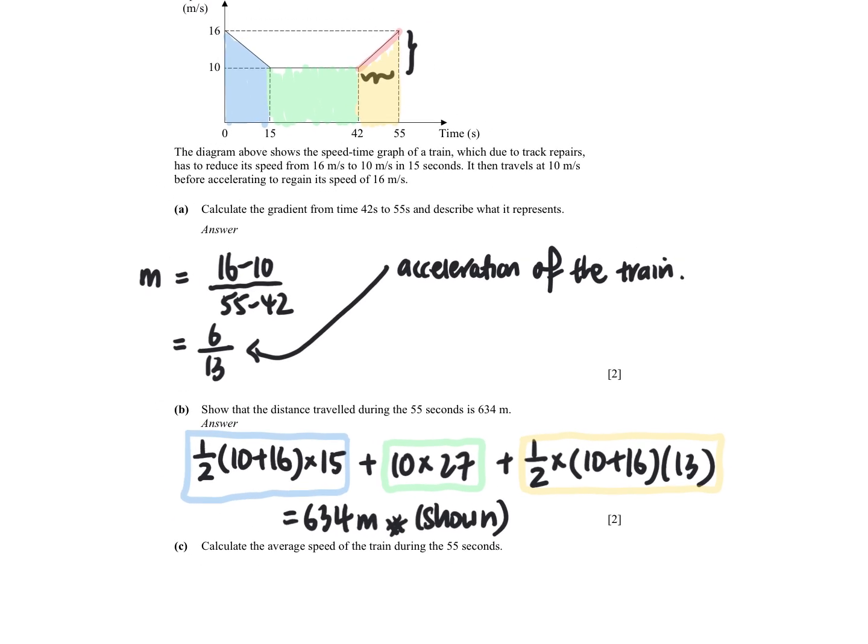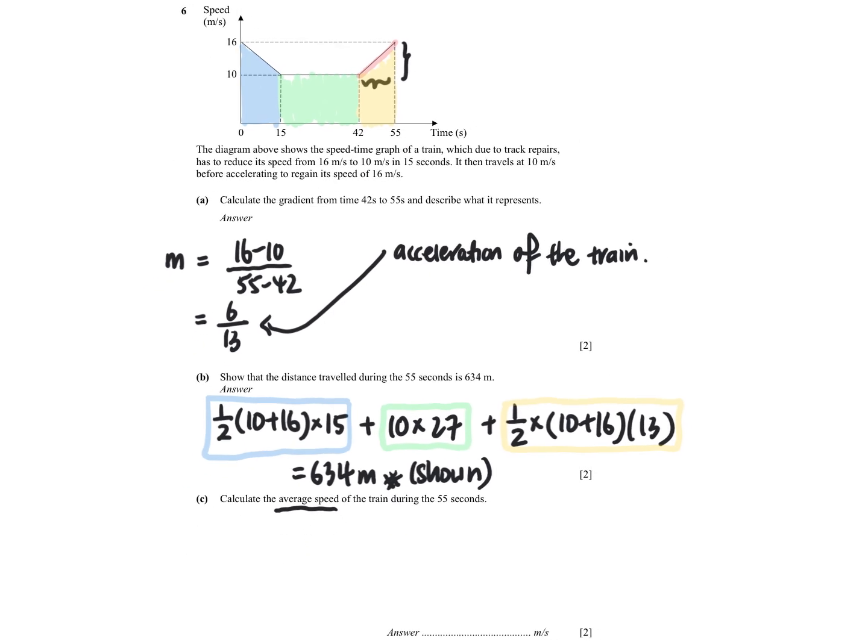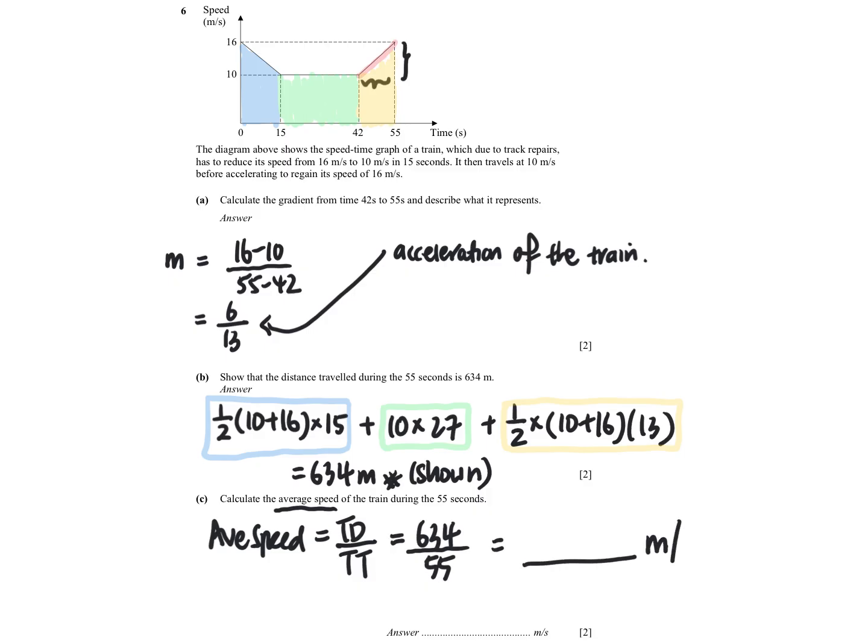Okay, last one, they say average speed. What's the formula for average speed? Yes, so total distance divided by total time. Total distance is 634 divided by the total time 55 seconds. So the answer will be meter per second. What's the value?